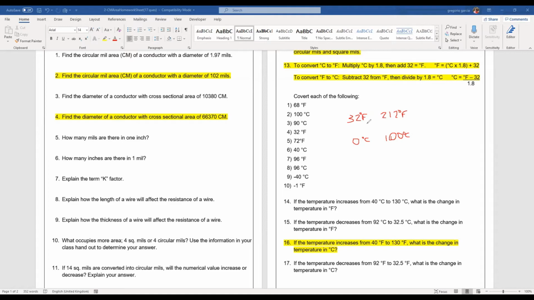If something has to go from 32 Fahrenheit to 212 Fahrenheit, the change in temperature would be equal to 180. That would be the change in temperature, 180 Fahrenheit.